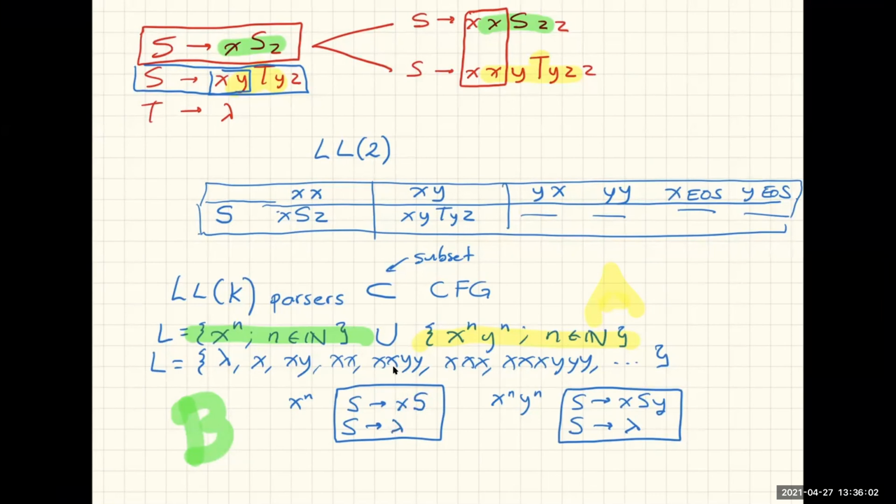And for the second one, we have to insert in the middle here, again, an S, meaning we have an X at the left side and a Y at the right side, or a lambda. So this is the grammar for recognizing this language, and this is the grammar for recognizing this language.